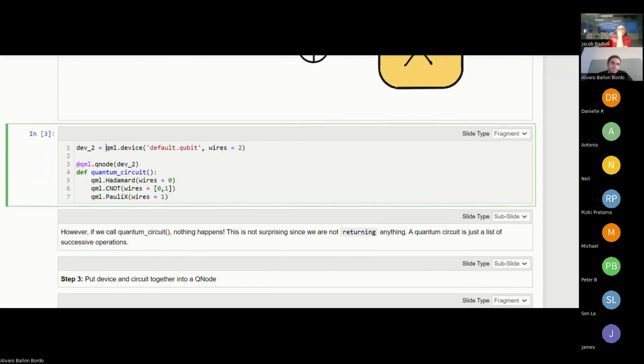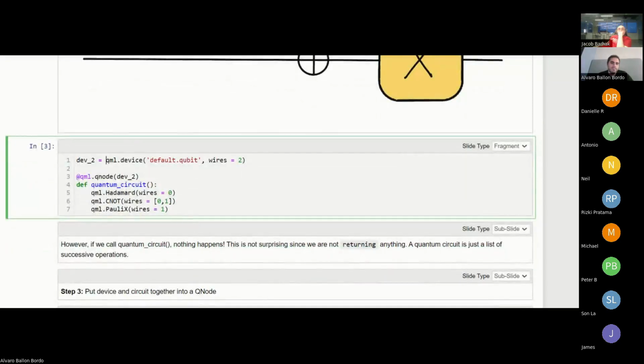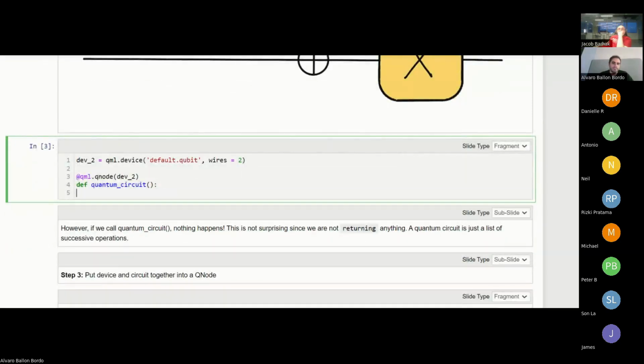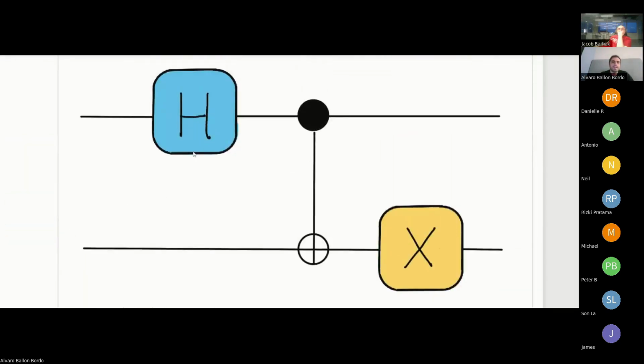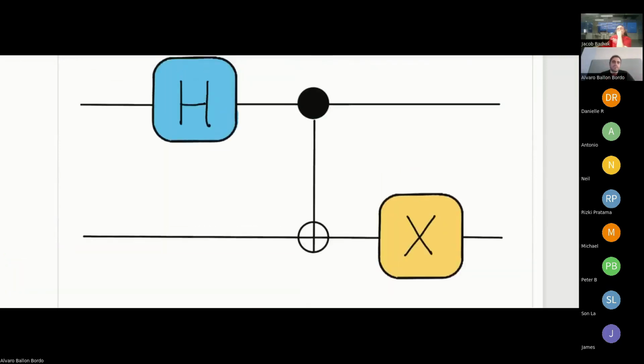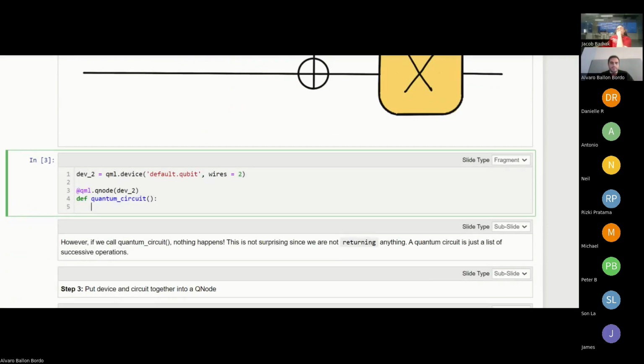And then we define the function. Let me erase it and write it in real time. So the function was, first, we need a Hadamard. So we read this from left to right, right? So first we need a Hadamard on the first wire. Okay, so let's do Hadamard wires equal 0.